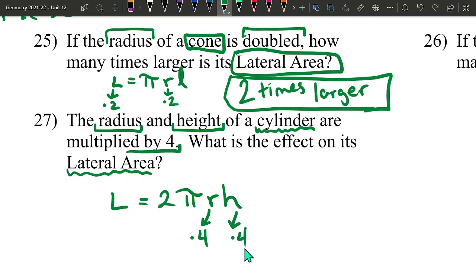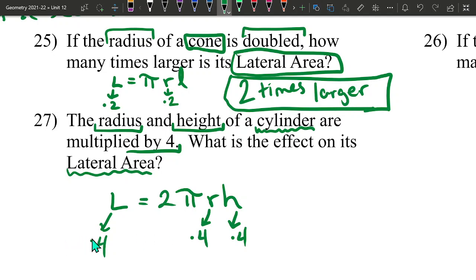So if I need to keep this balanced and equal, what do I have to multiply the left side by? 4? No, that wouldn't work. That's not enough, right? If I just said times 4, that's not balanced.